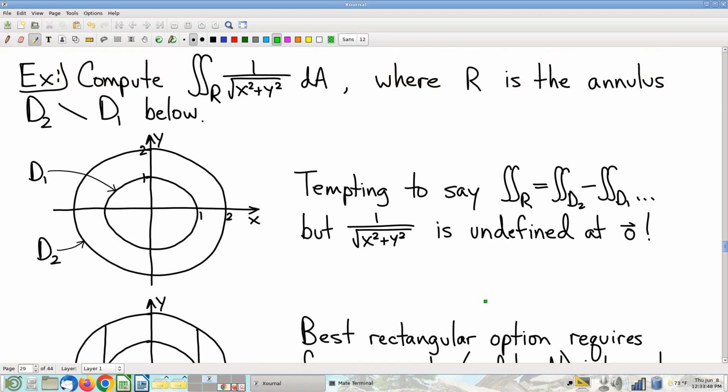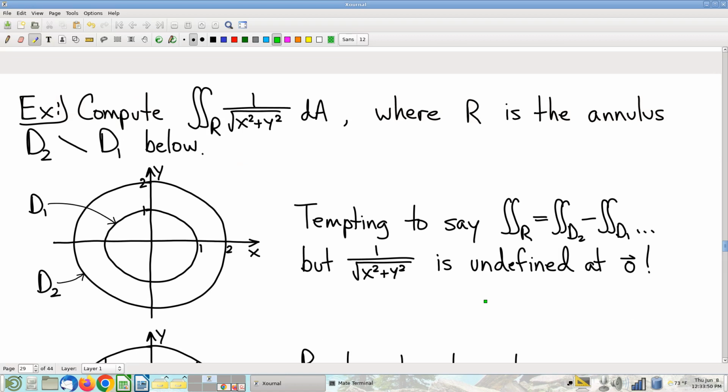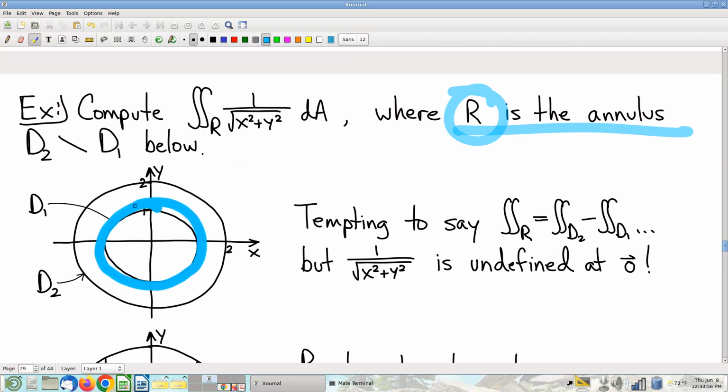Okay, so moving on. Another example. Let's consider this integral defined on an annulus, which is this kind of ring-like thing here. So how would we do an integral on this annulus? There's a couple ideas that you might consider.